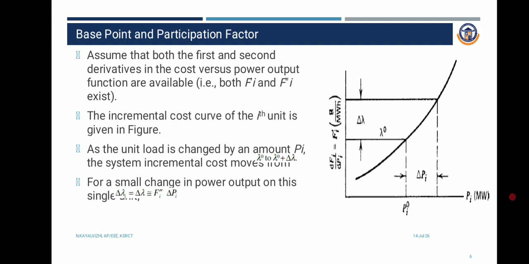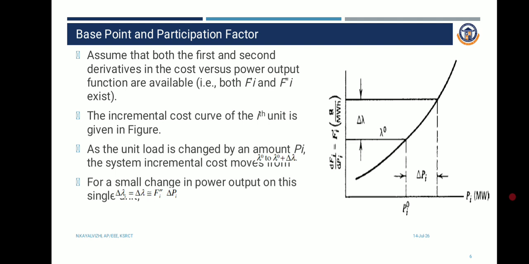In the graph itself, we can clearly understand how much the demand will increase and, accordingly, how much the cost will increment or decrease. Assume that both the first and second derivatives of the cost curve versus the power output functions are shown in this figure. The incremental cost lambda is given for the ith unit in the figure.